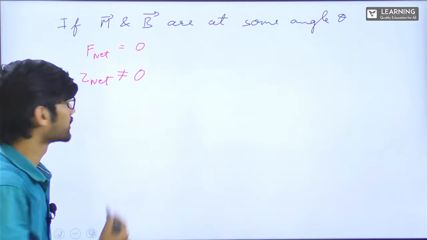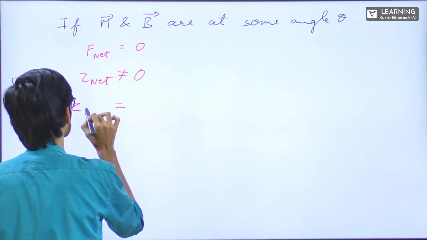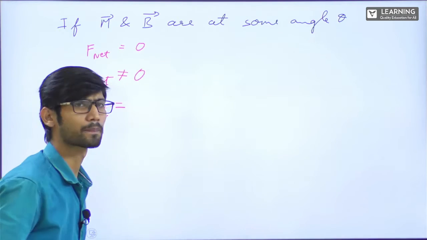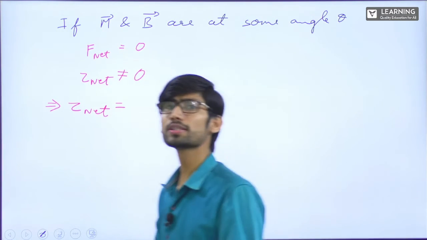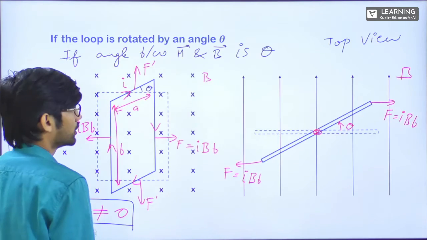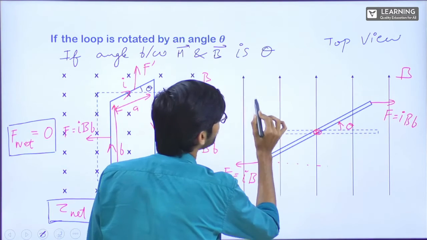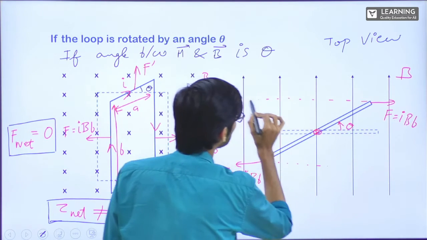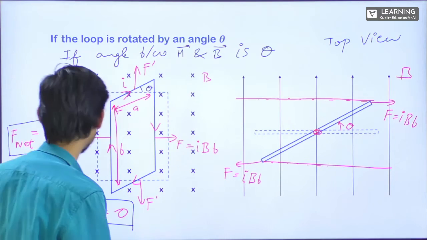Correct? The value of this tau net will be, what is torque? Force into the perpendicular distance. That perpendicular distance is from the axis of rotation, right? So this is the force. See the line of action. This I was telling. This line of action is this. This line of action is this. Both are not the same.